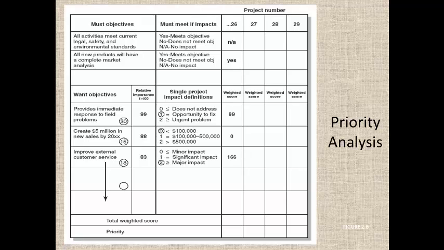For example, immediate response to field problems: whether the project will provide immediate response, or whether it will be able to create 5 million by 2020 or so. Improve external customer service: whether it will improve the customer service. All those objectives, which we have put in the criteria, are listed here, and then a weighted score has been put up here.